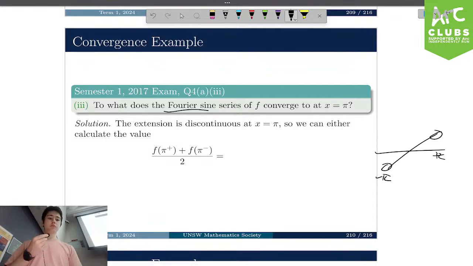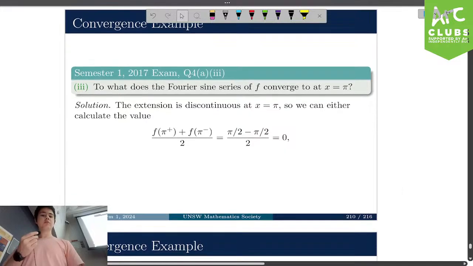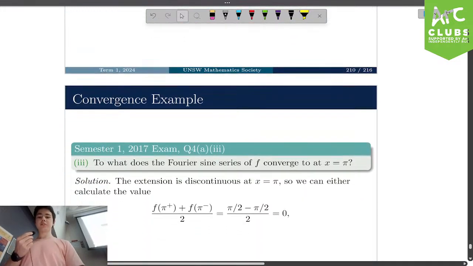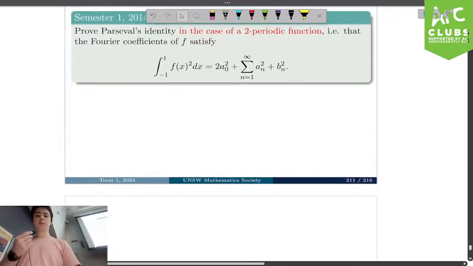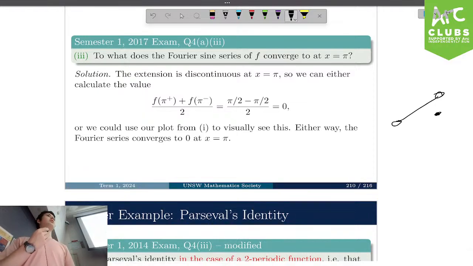The gradient is x on 2, so the value is pi on 2 on that side, and minus pi on 2 on the other side, and it is periodic. So we have the average of pi on 2 and negative pi on 2, which just gives us 0. So for the Fourier series, when we draw it, you go here to here, and then at 0, that is where our closed circle goes for this Fourier sine series.